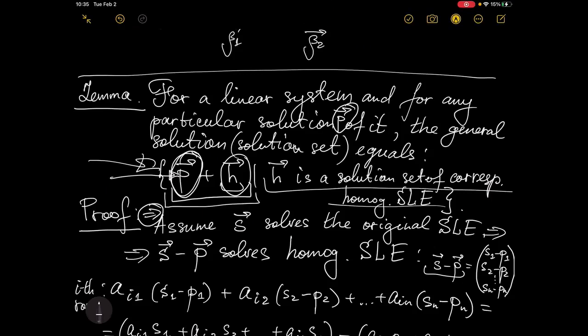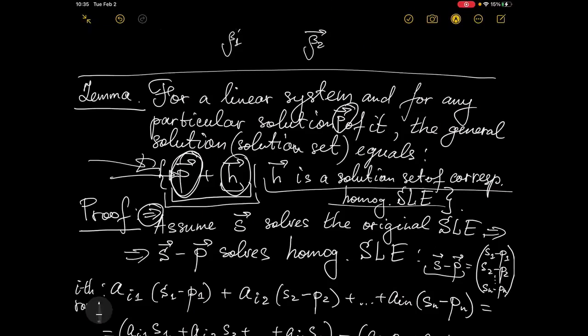Then, depending on whether you have free variables or not, you have either this one element, or you have infinitely many elements if you have even one free variable. Clear or not? Clear.